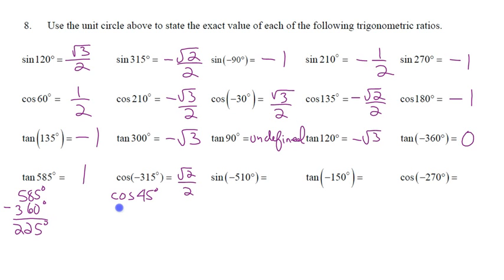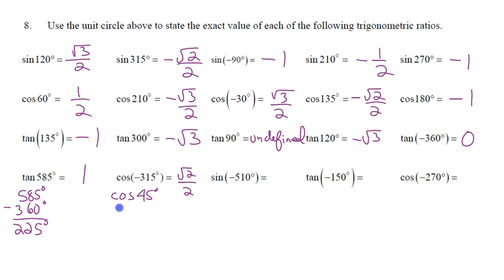What's the sine of negative 510? Is it going to be negative? How do you get close to negative 350? Do you have to go that way?